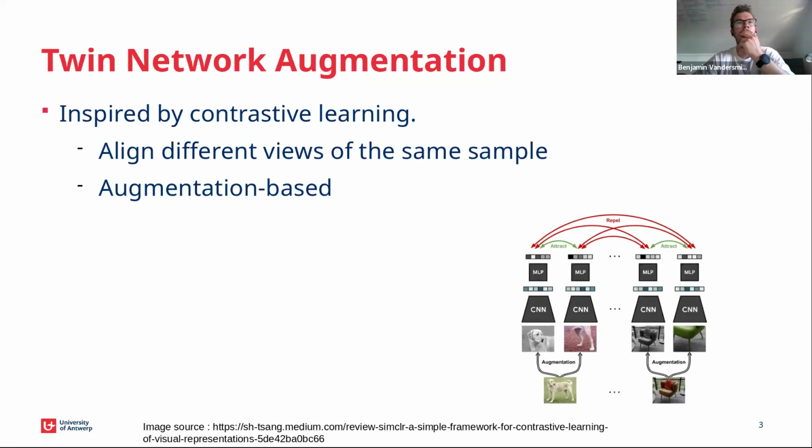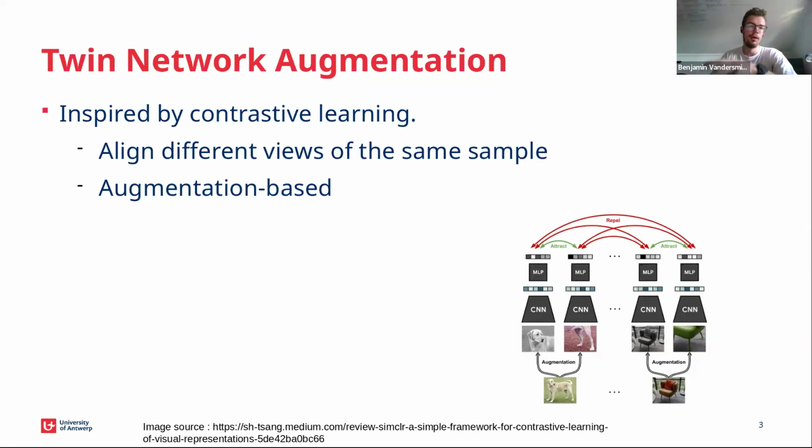You have a dog, and then, for example, you take two different augmentations of that, you feed them to the same network, and afterwards you feed them through an additional linear head. Then you want the outputs, so the logits, to be similar for the different views of the same sample, and different for a different sample, for example, a chair.